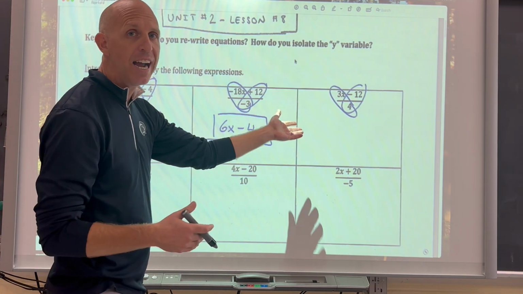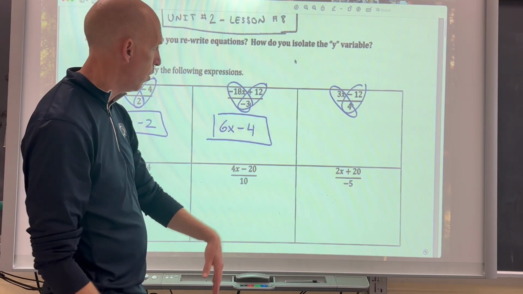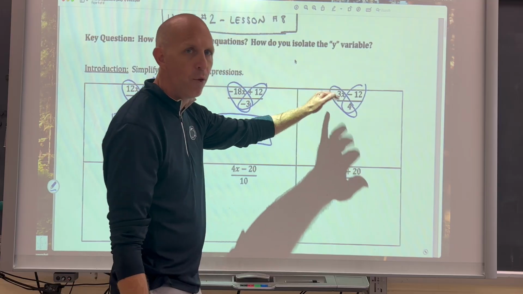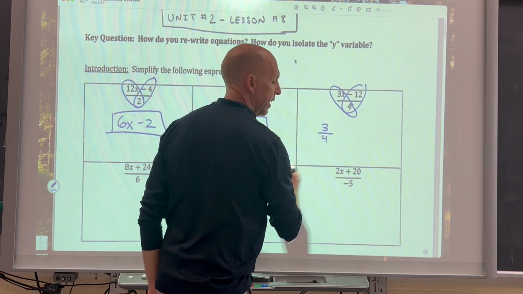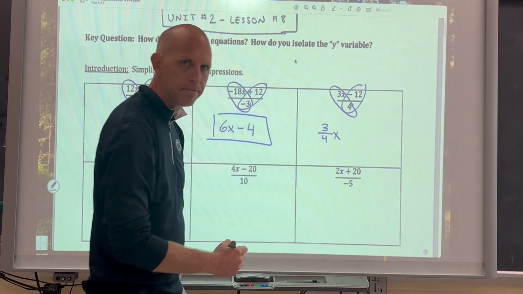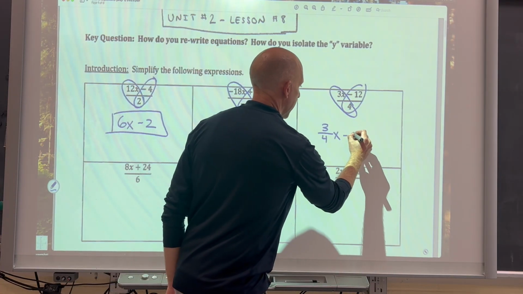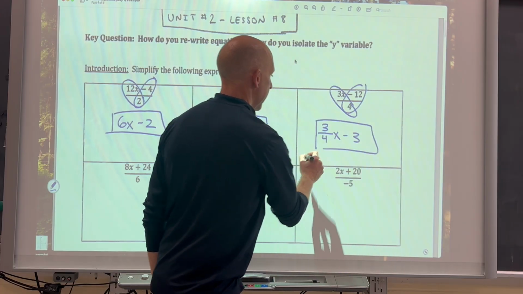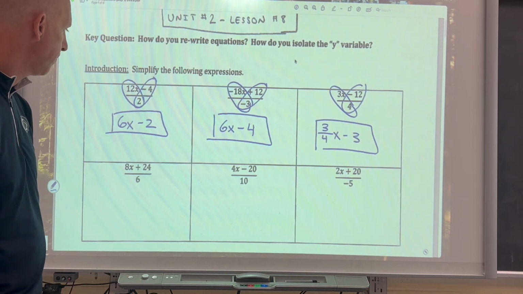So if it's a fraction, we just want to keep it a fraction, but simplify it if possible. 3x divided by 4, 3 divided by 4 is already simplified. So what I'm going to write here is 3/4 x, and then negative 12 divided by 4 would give me negative 3. This simplifies to 3/4 x minus 3.